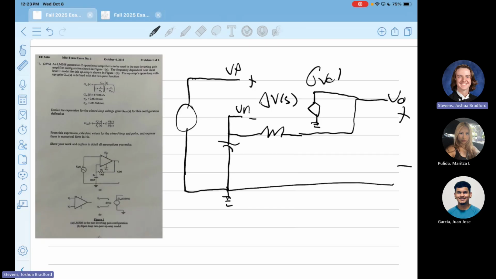That's going to ground, G vol times delta V of S. So I basically replaced this op amp here with this model here, where the output is touching that V out of S. Also, this is positive up here, and that's negative. It's also going to ground. But I also have this delta V of S, which is the difference between V positive and V negative. Does that kind of make sense?